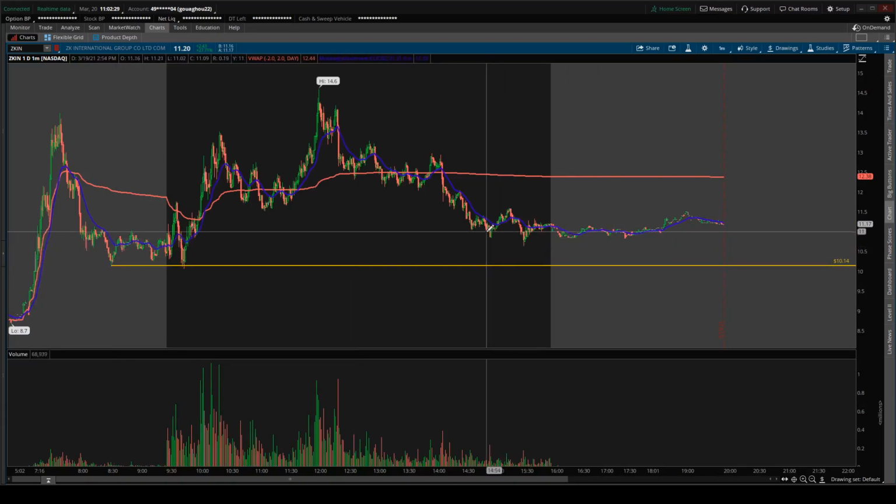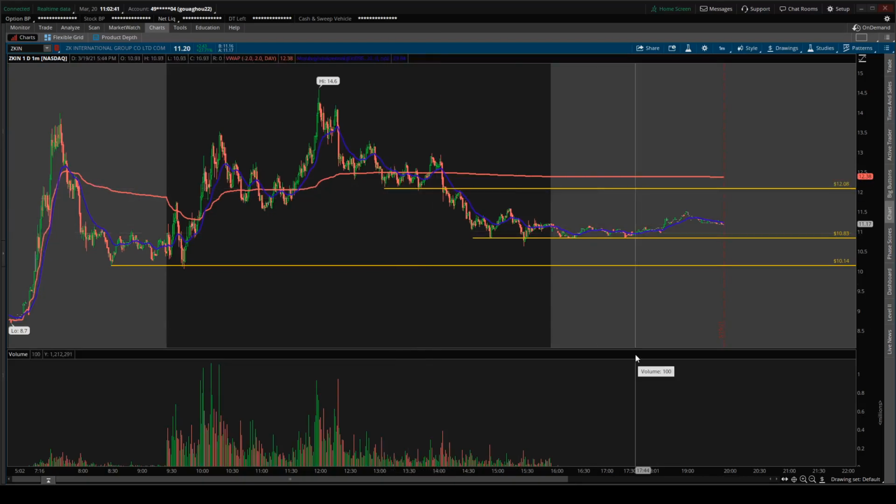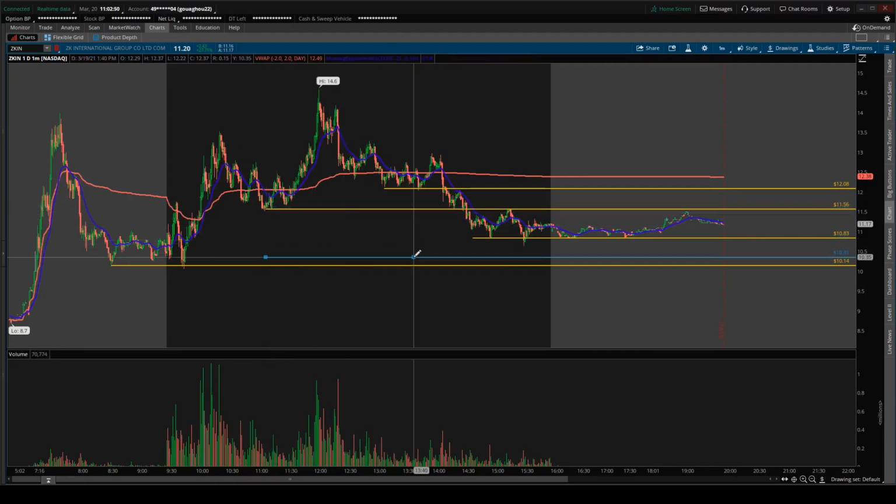Then we have also this line here around this area. Then we have this level around this area as well. All right, and then we had this level here. The levels that are very important are the ones that, for example, this resistance here is not as important as this one.